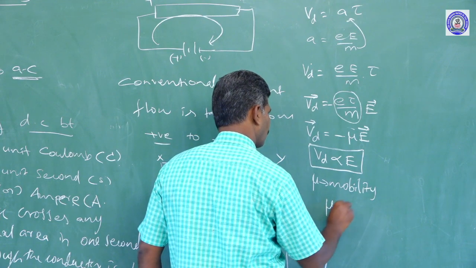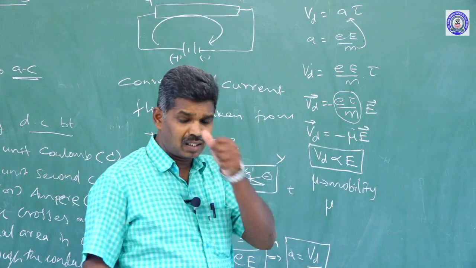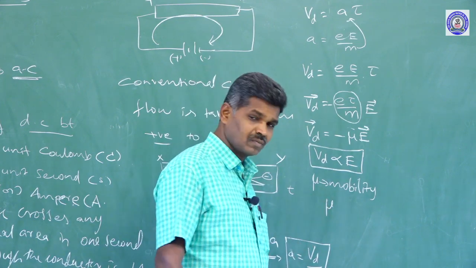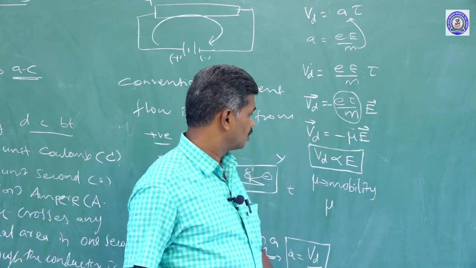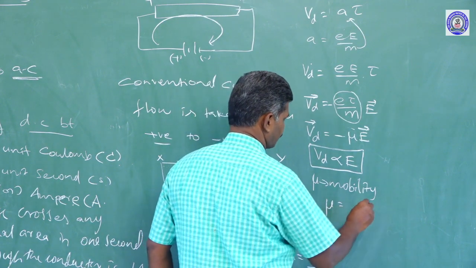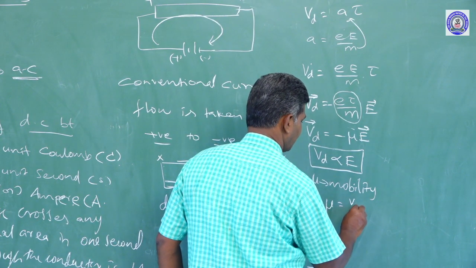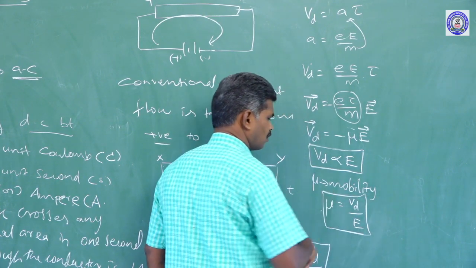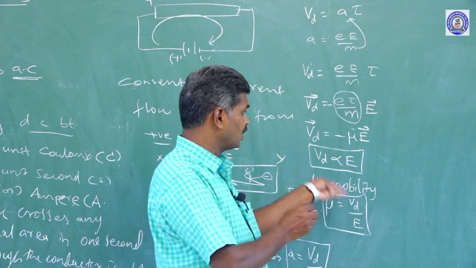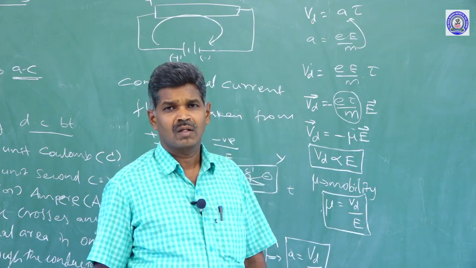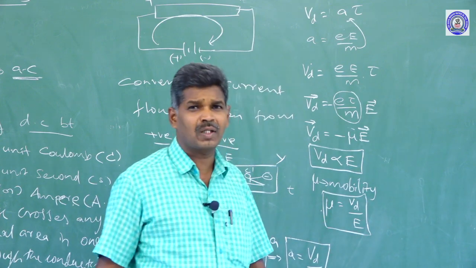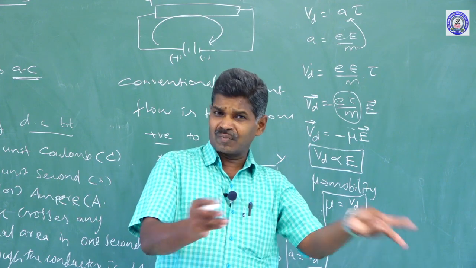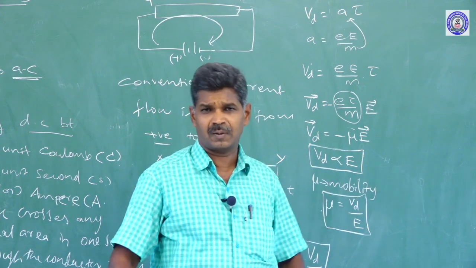So, mu is one of the constants at a given temperature. From temperature to temperature, its value varies. Mu is equal to Vd by E. Based on this formula we can define mobility: drift velocity acquired per unit electric field. We know that as the electric field increases, the drift velocity also increases, directly proportional.